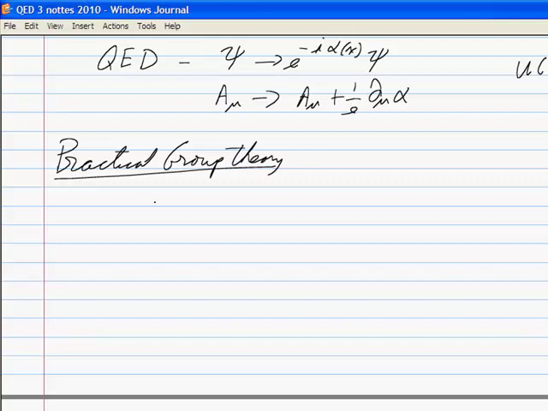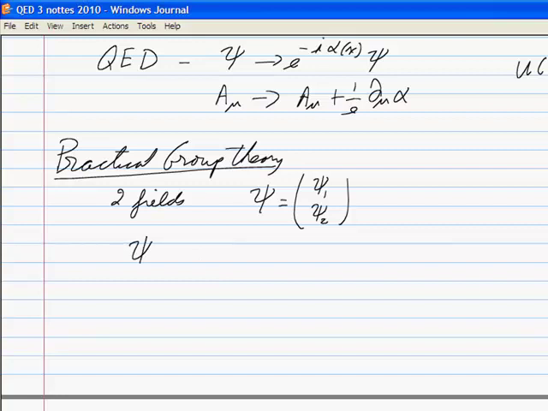Let's imagine that I have 2 fields, 2 fermion fields, for example. Psi is psi 1 and psi 2. Now, what invariances would be possible with 2 objects?